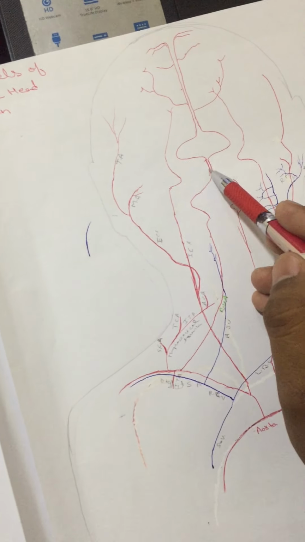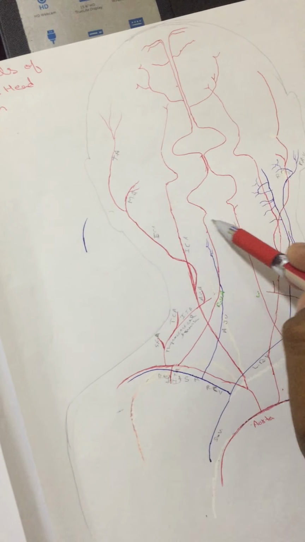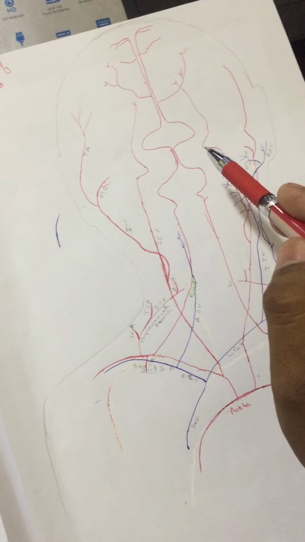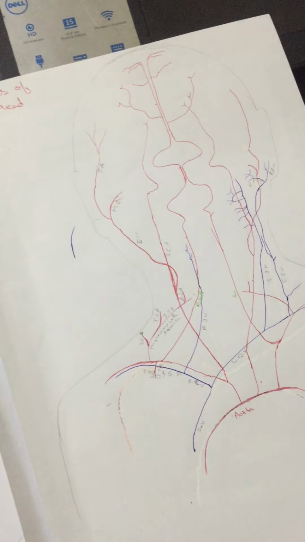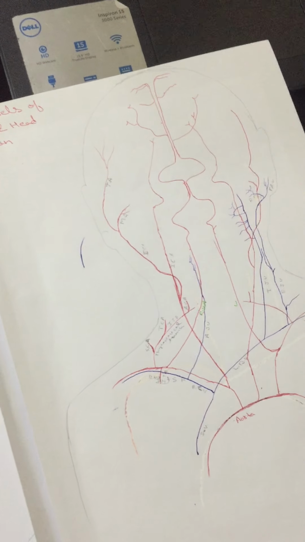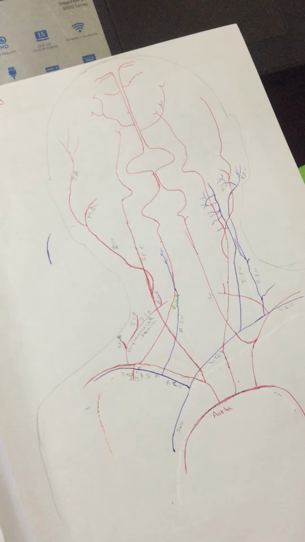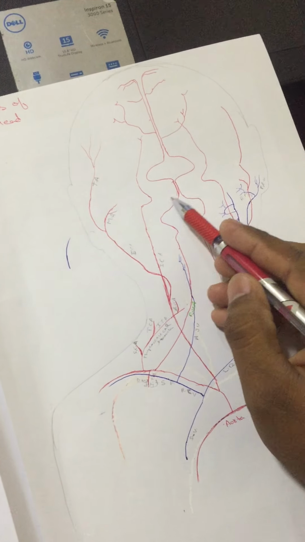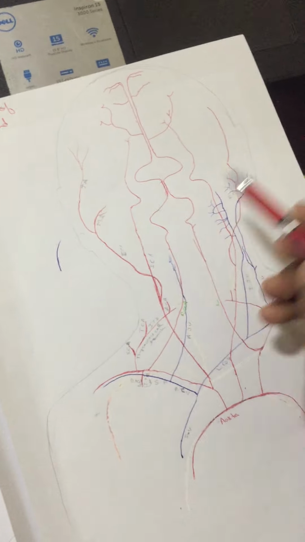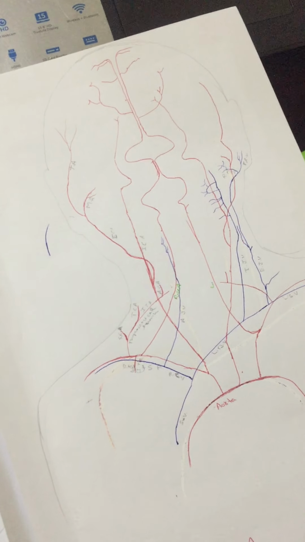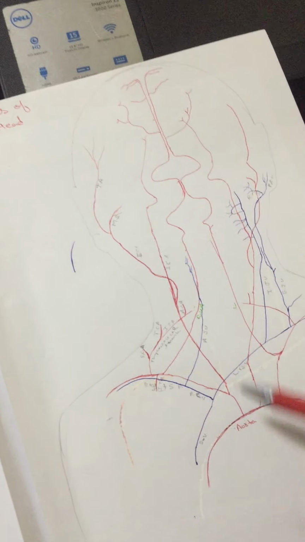And here the vertebral arteries form the basilar artery. The basilar artery completely supplies the blood to our brain.